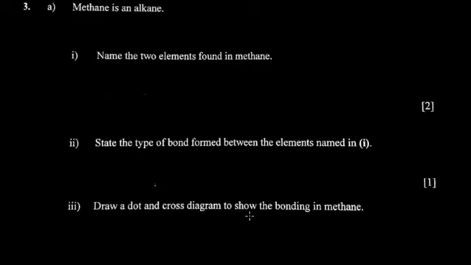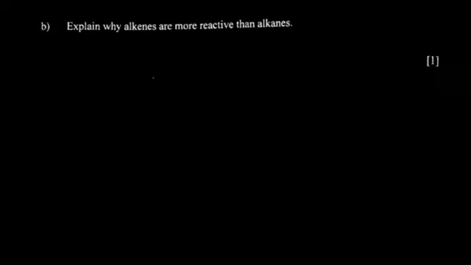Let's quickly move to the next part. What does it say? It says explain why alkenes are more reactive than alkanes. That's the functional difference that I was telling you about.